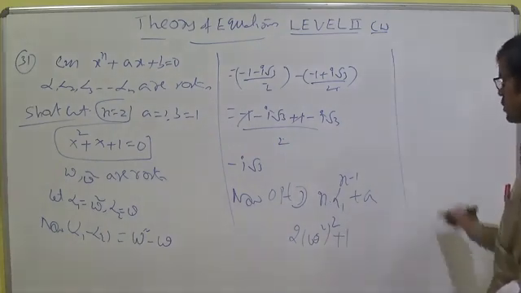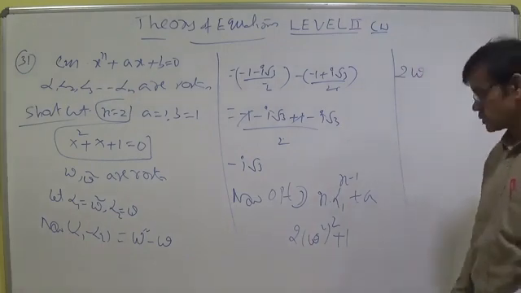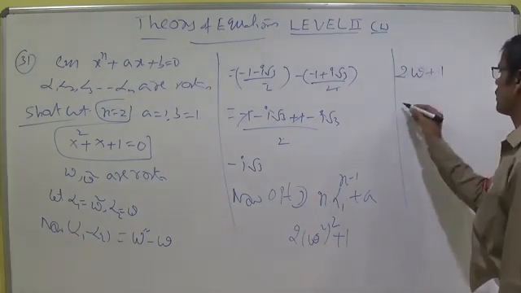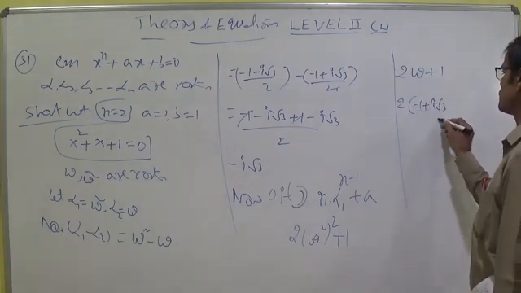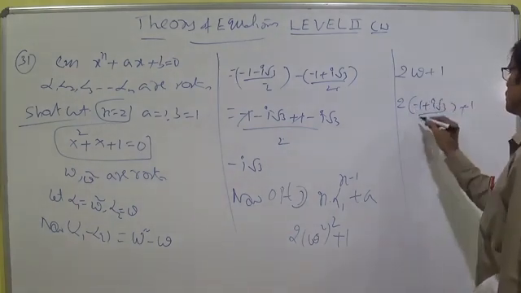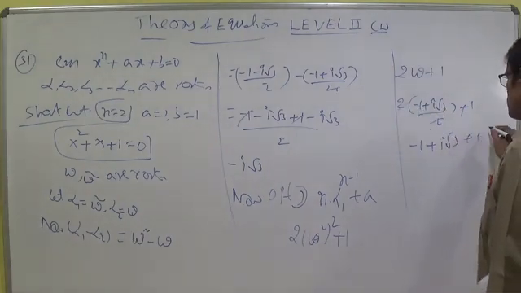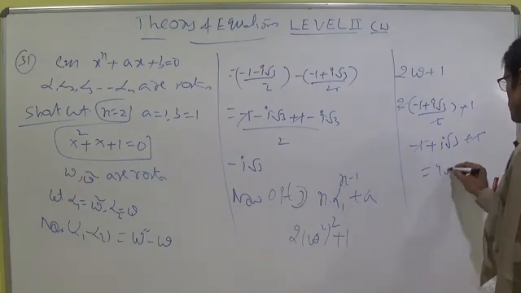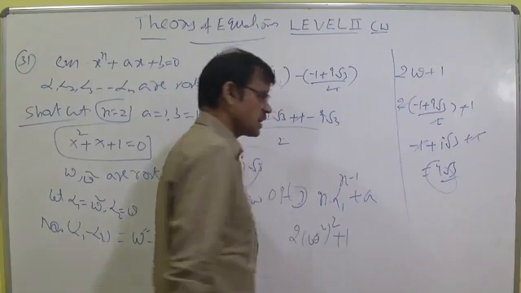Omega square whole square is nothing but omega power 4, so it is omega. So 2 omega plus 1: 2 into omega value, minus 1 plus i root 3 by 2, plus 1. This gets cancelled, and the answer is i root 3. So we have i root 3 versus minus i root 3. It is not satisfying.